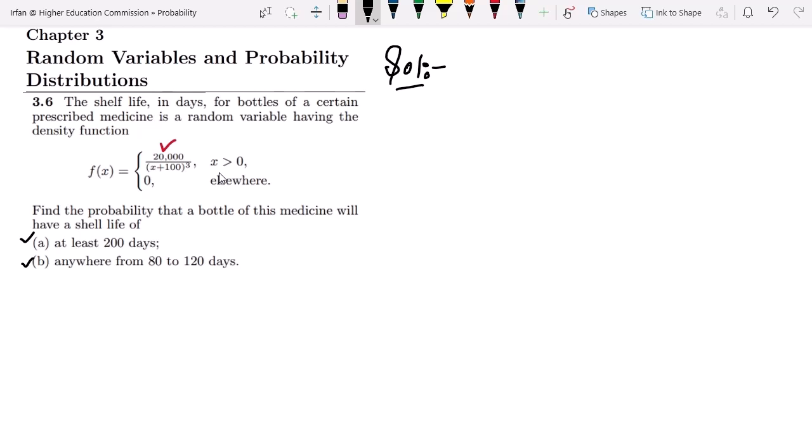So what I can do here, let me have this probability for x. For it, I can integrate it from 0 to infinity. Okay, and here writing all these values, this is 20,000 whole divided by (x plus 100) whole cube.